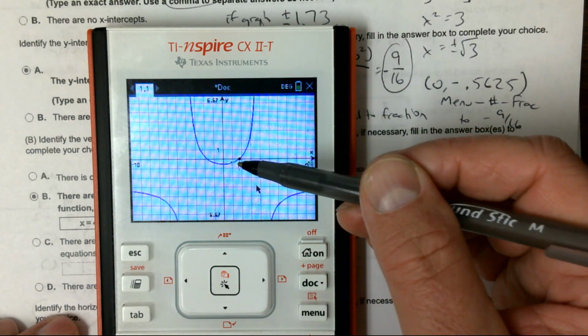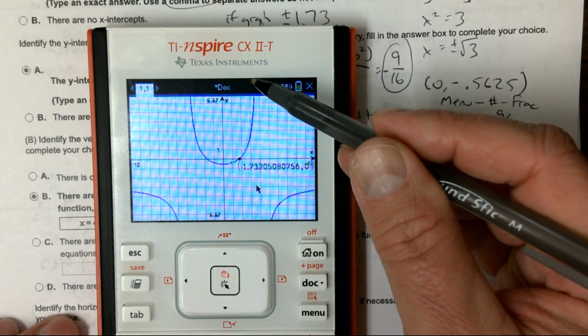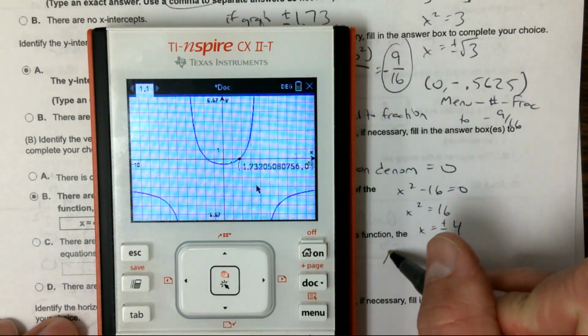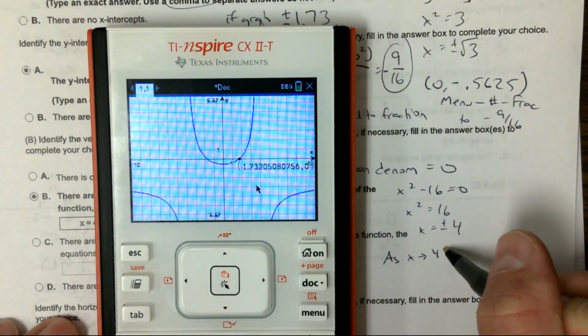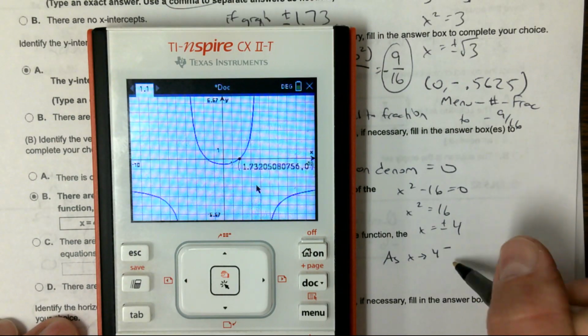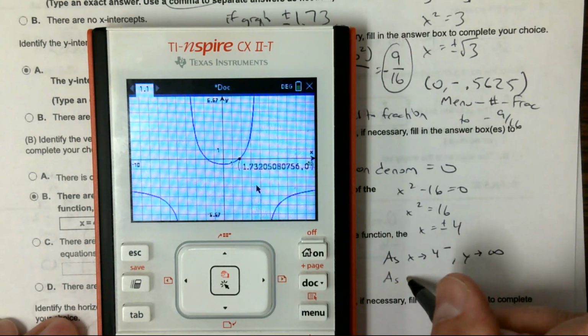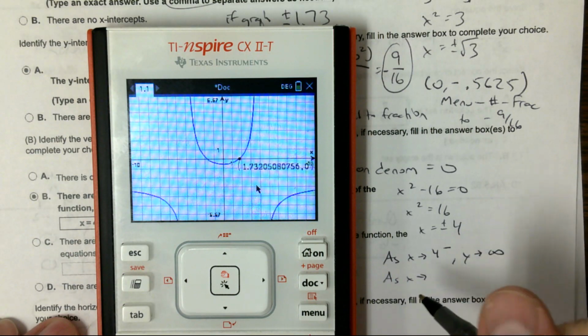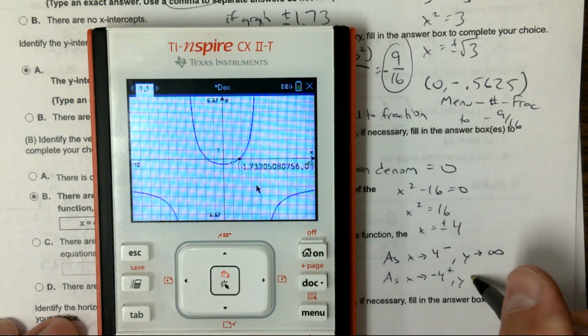1, 2, 3, 4. It's approaching positive infinity as x approaches 4 from the left. Y approaches positive infinity, and as x approaches negative 4 from the right, y also approaches positive infinity.